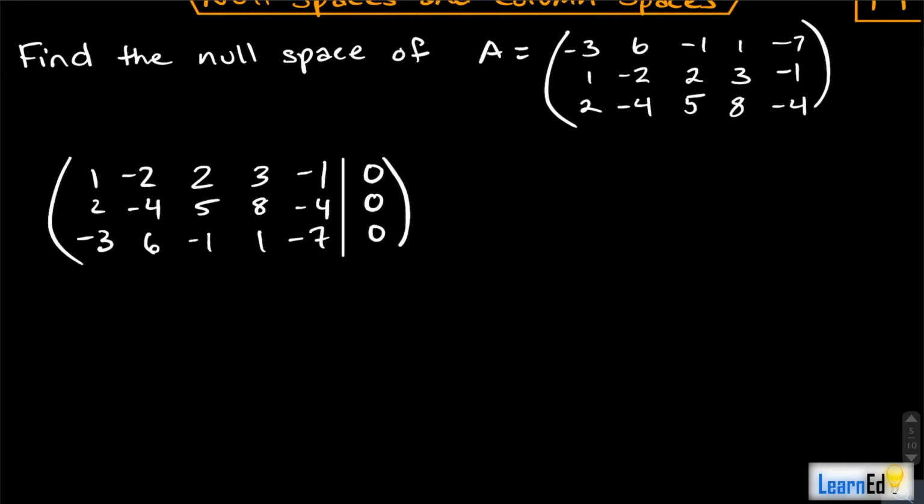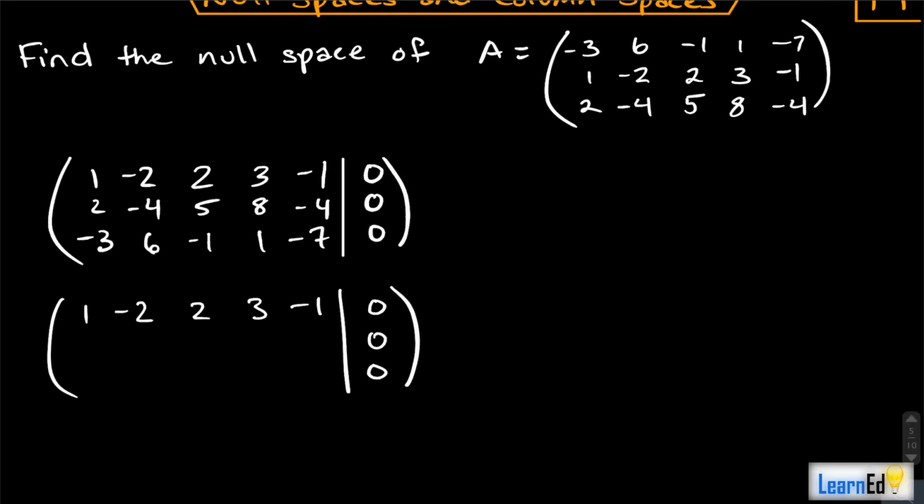So, row reducing here, first off, I want to keep the first row the same. And these zeros, no matter what we do, these zeros will stay zeros, because you can't multiply a 0 by anything and add it and have it be anything other than 0, right?